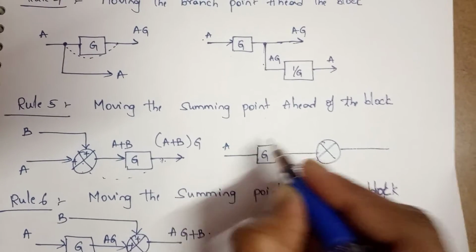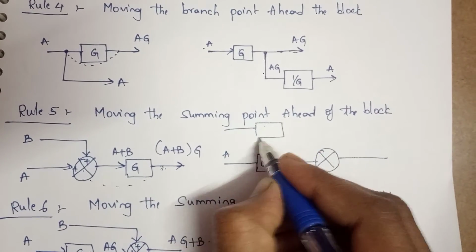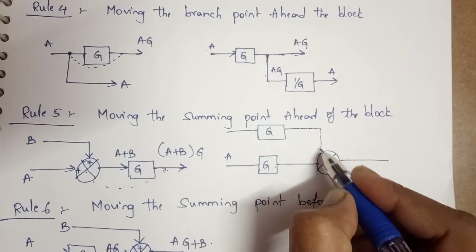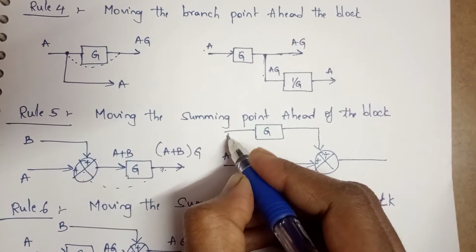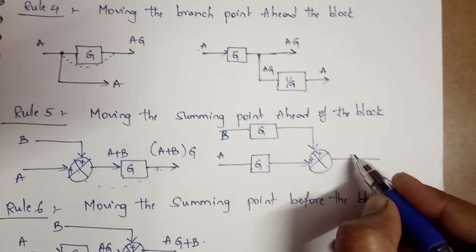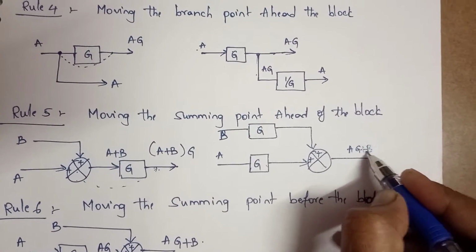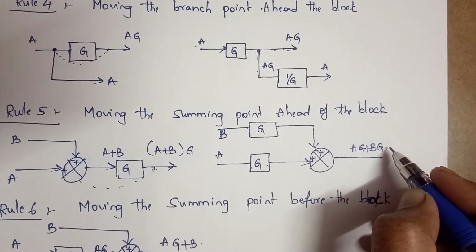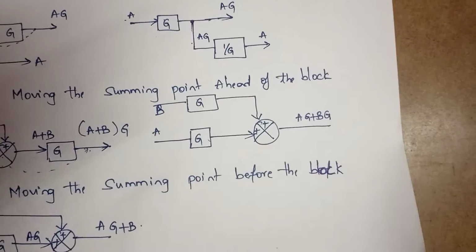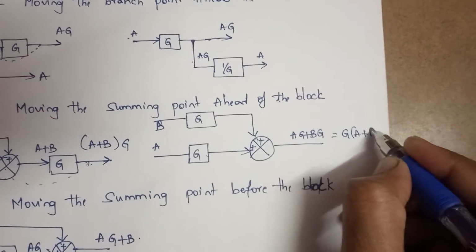This is the input A. Here it comes AG plus BG. That is equal to G into A plus B.